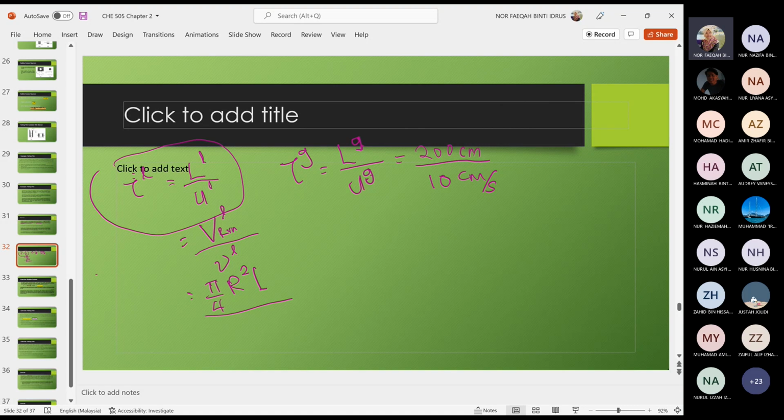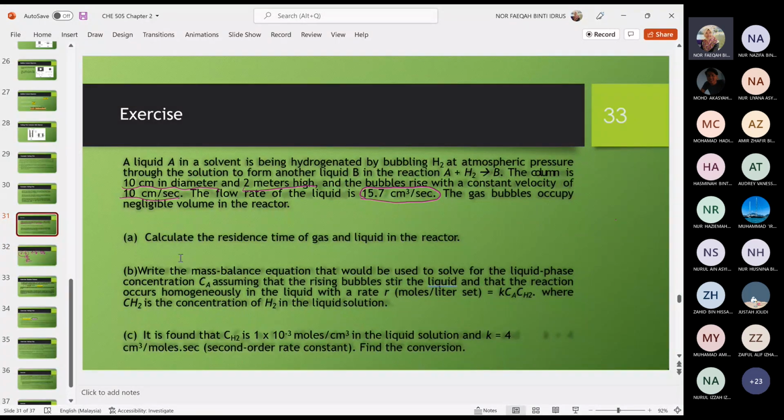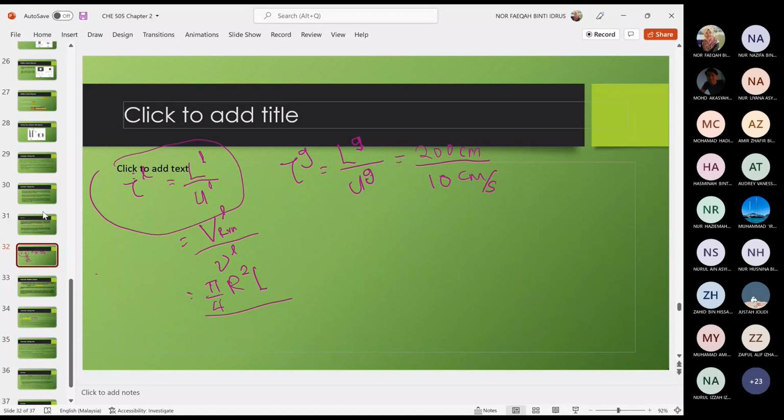The volumetric flow rate given in the question is 15.7 centimeter cube per second. And then you will get the residence time in the liquid phase. For the gas phase earlier, this formula gives 20 seconds.